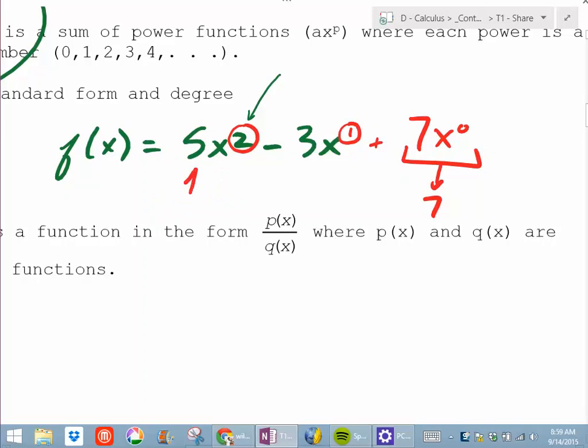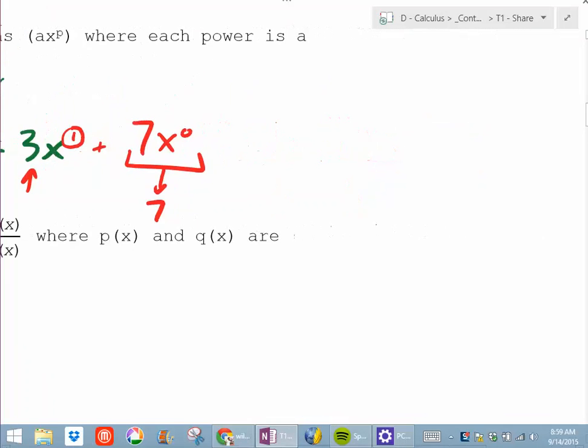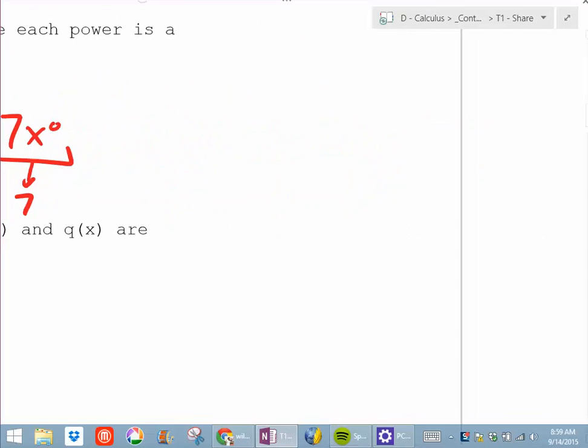What about the coefficients? It doesn't say it on the sheet, but what can the coefficients be? They have to be what? Can they be fractions? Yes, they can. So you could have, let's say, f of x is equal to negative 5/2 x cubed minus the square root of 2x.